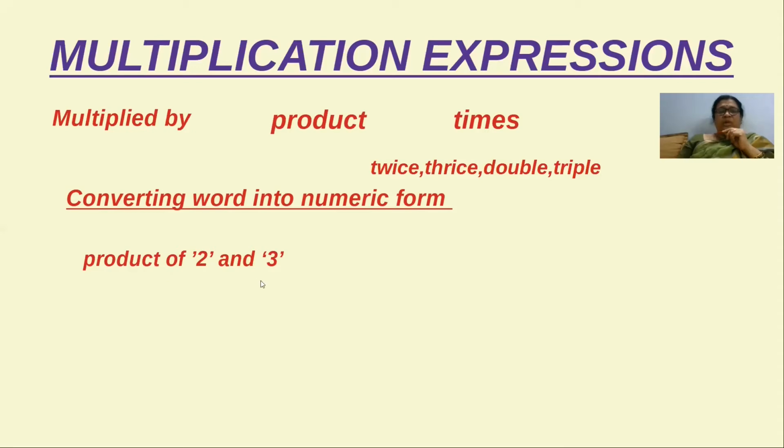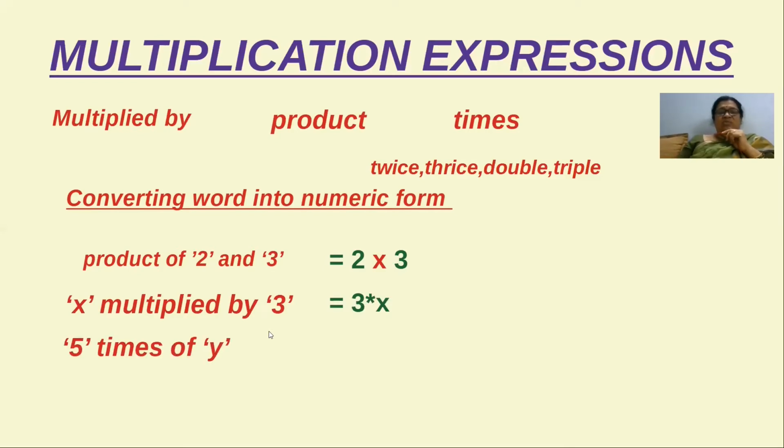Product of 2 and 3 can be written as 2 into 3. X is multiplied by 3 can be written as 3 into x. 5 times of y can be written as 5y. Twice of 4 can be written as 2 into 4.